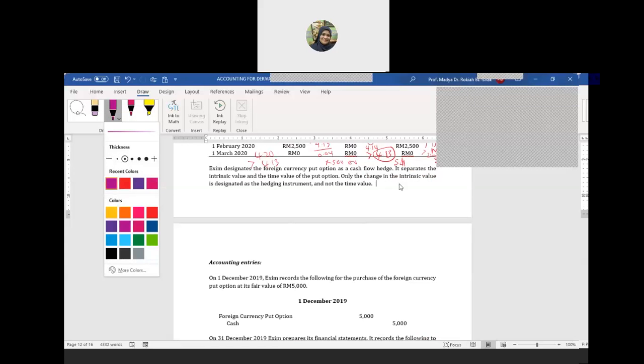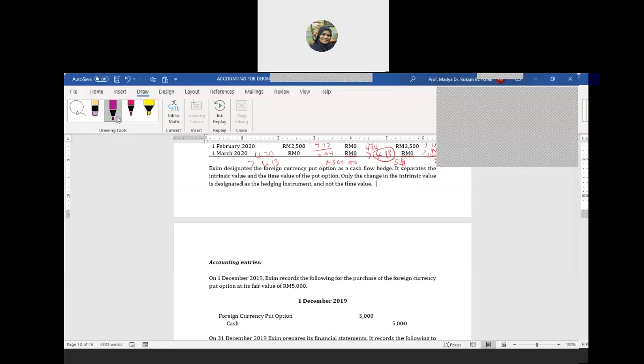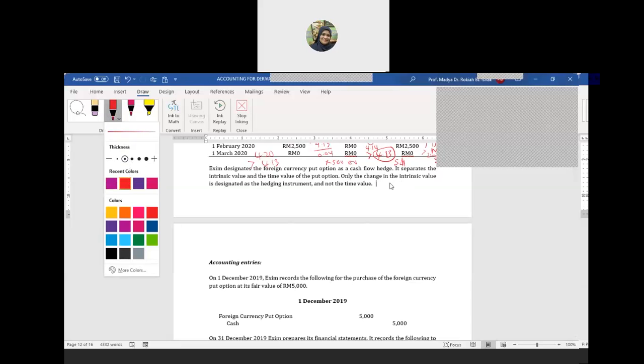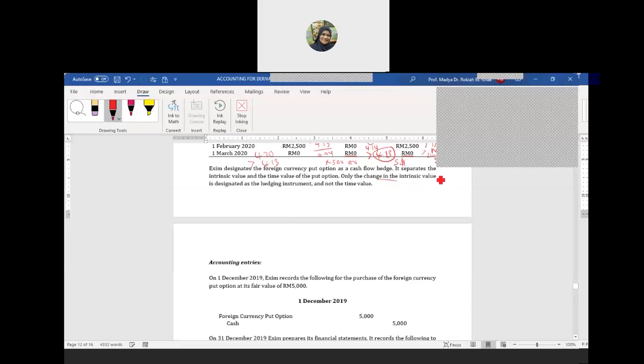We don't hedge for the time value. This one is a little bit complicated, and I cannot see this in your example, so we need more time to discuss this once again in the next class.